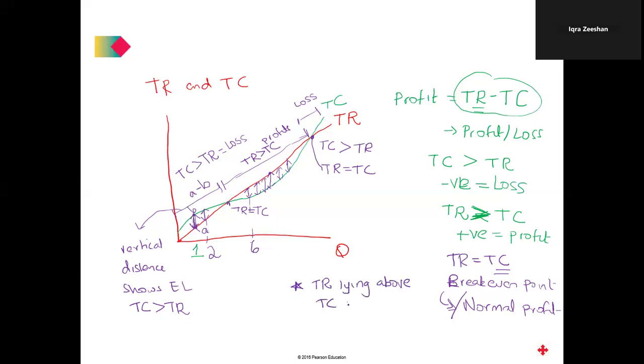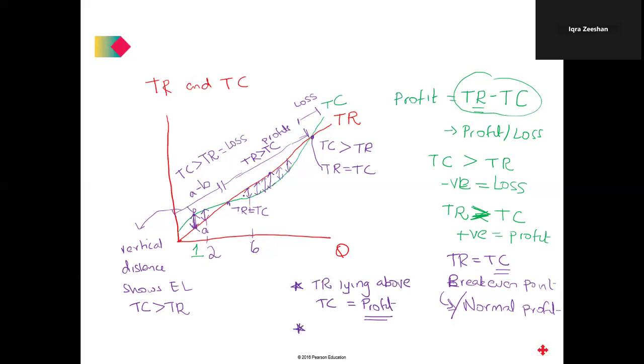So we have already figured out that when the total revenue curve is lying above total cost, there is profit. Now remember our goal is that we want to find the output in which there is maximum profit. We have already determined the section in which there is profit, but we want to find the output in which there is maximum profit. So how will we find that?